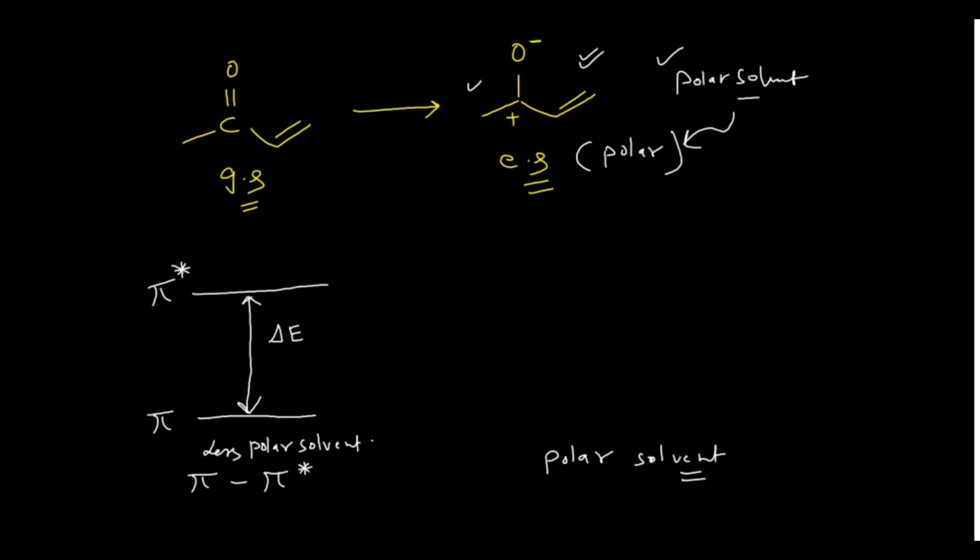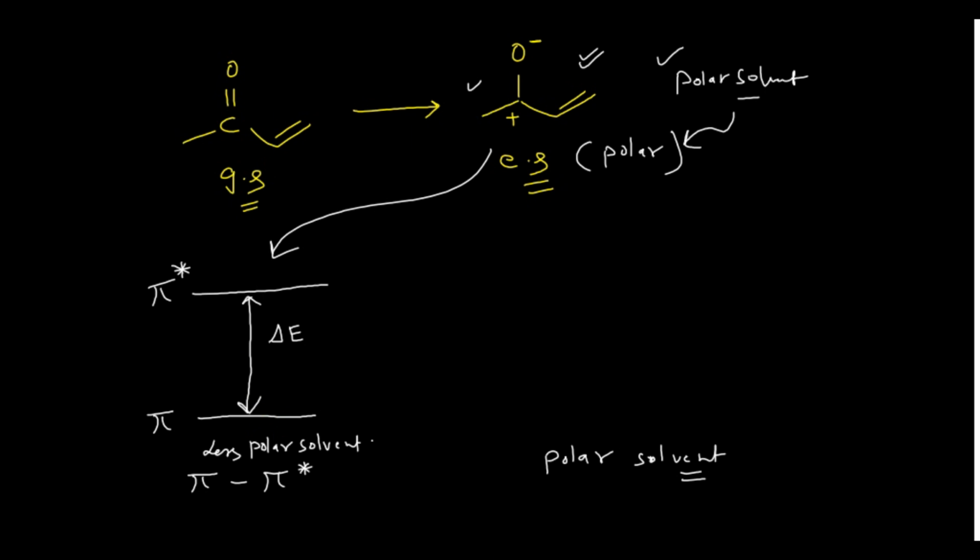So what can happen? You know, this excited state is more polar. Okay, and this particular polar solvent will stabilize that excited state more than the ground state, right? So what would be the change in the energy levels in that case? The change in the energy level would be like that.